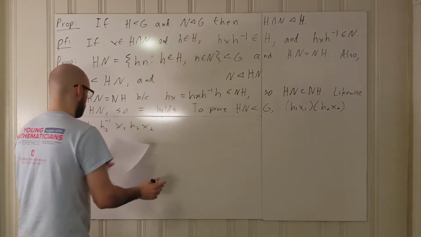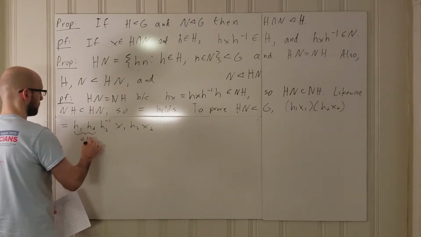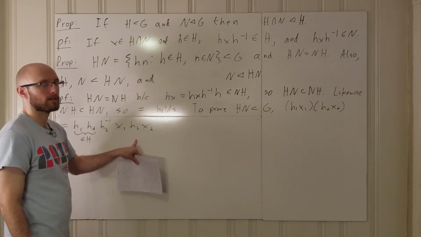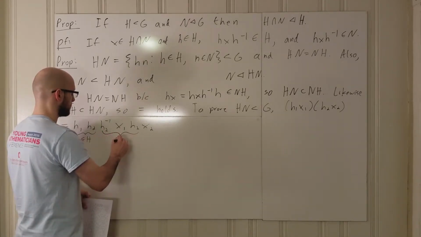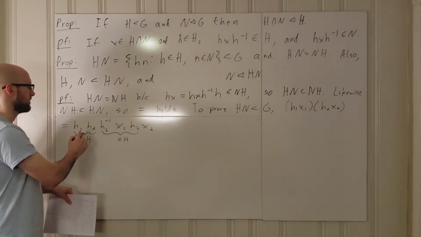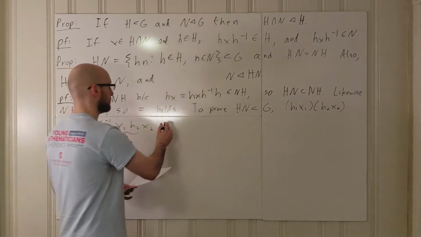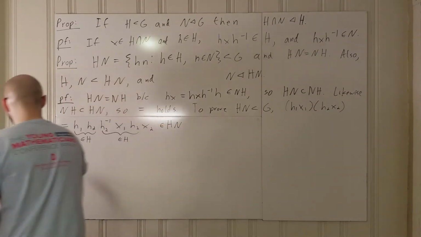And so h1 h2, well, obviously this is going to be an H. And now here we have h2 inverse x1 h2. And so we're conjugating x1 by h2 inverse. And so this is in H. And so this is something in H times something in H times something in N. And so this is in HN.